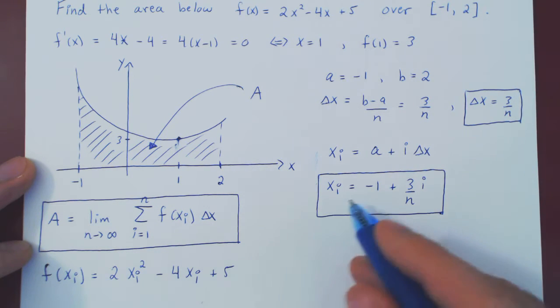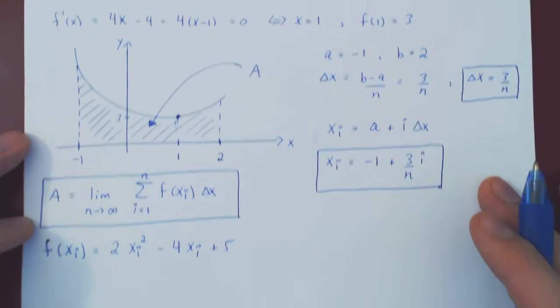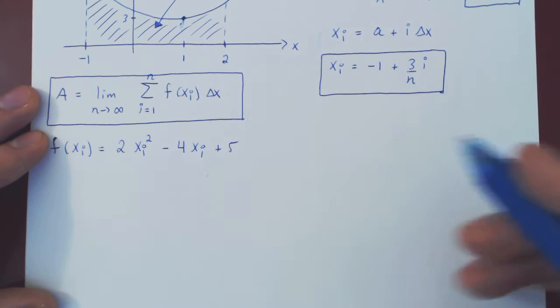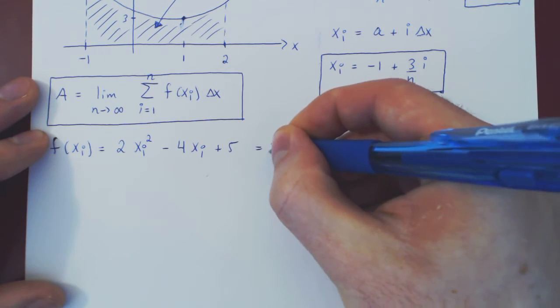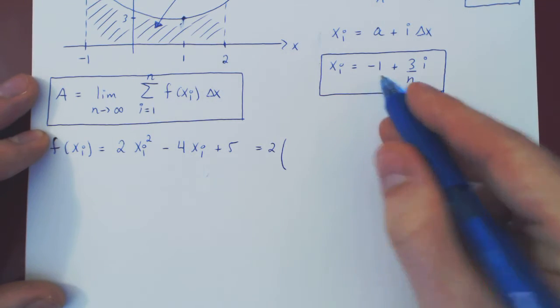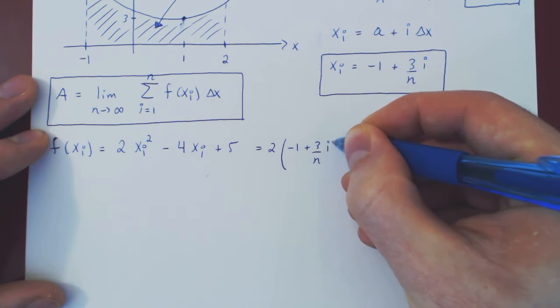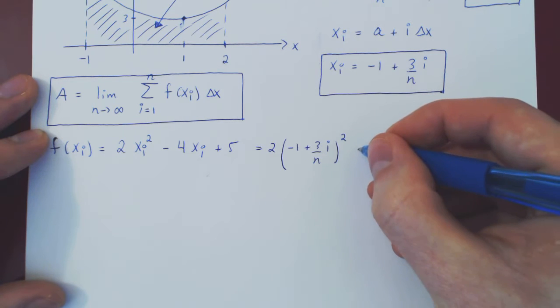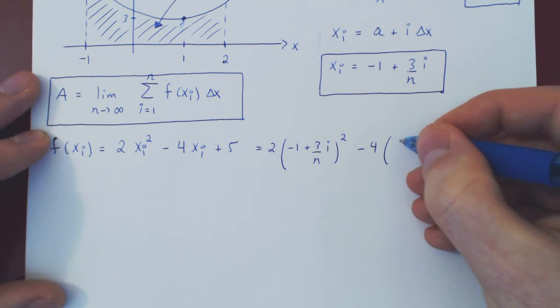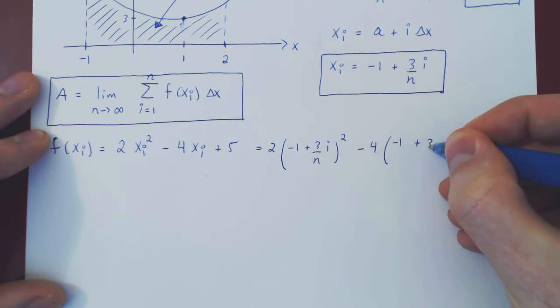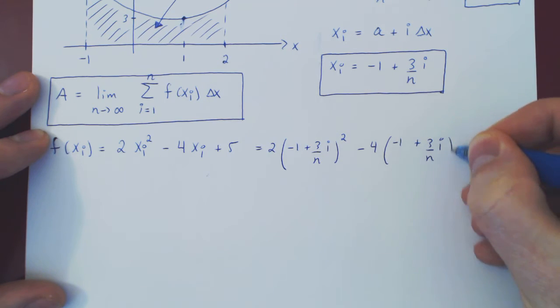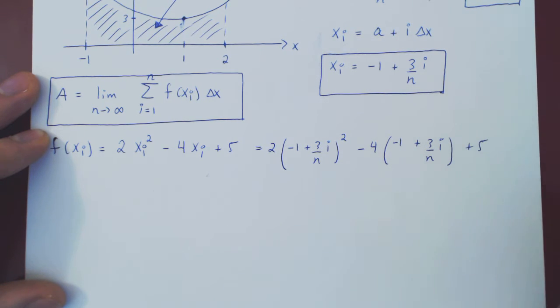And now we can replace xi by this expression and simplify. So 2 times xi squared, but xi is negative 1 plus 3 over n times i, all squared, minus 4 times negative 1 plus 3 over n times i, plus 5.